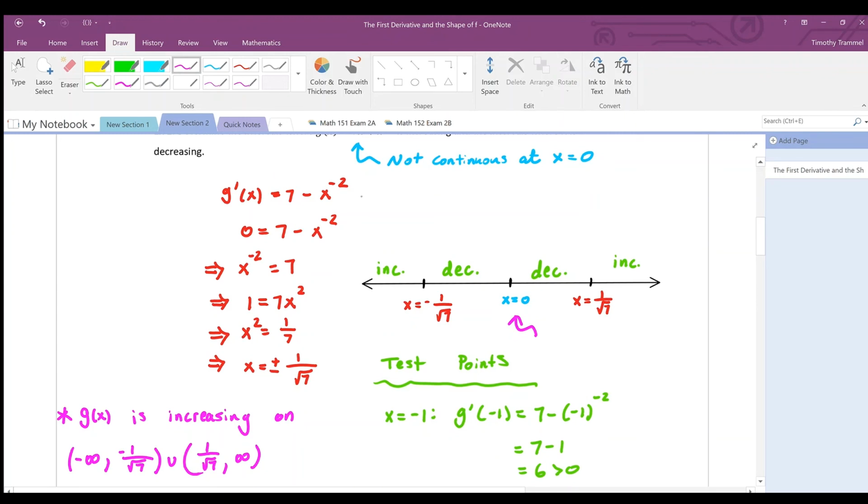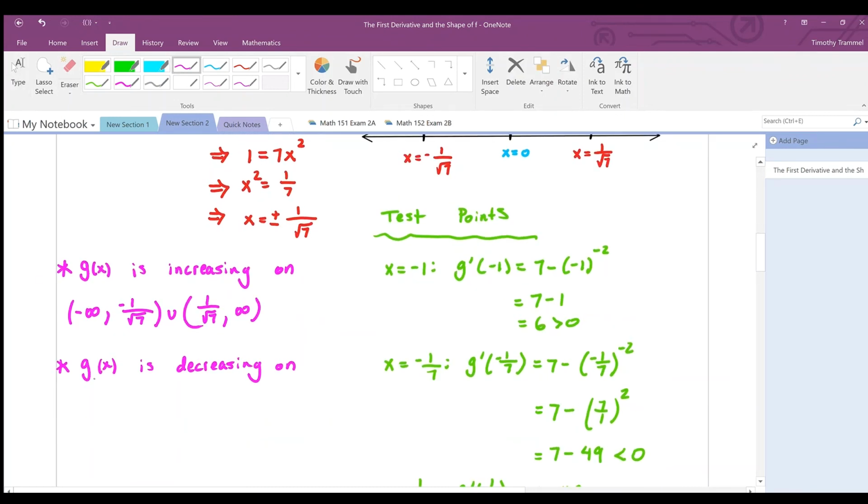It'd be undefined if we let x be 0 here. So we actually do need to keep this as two separate intervals. So this is going to look like -1 over the square root of 7, comma, 0, union 0, comma, 1 over the square root of 7.